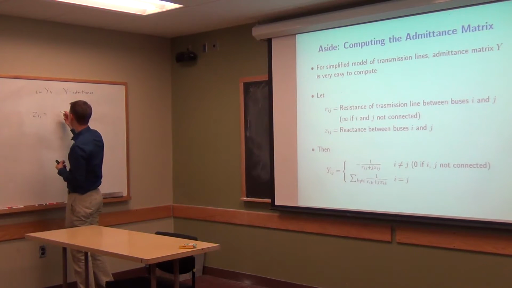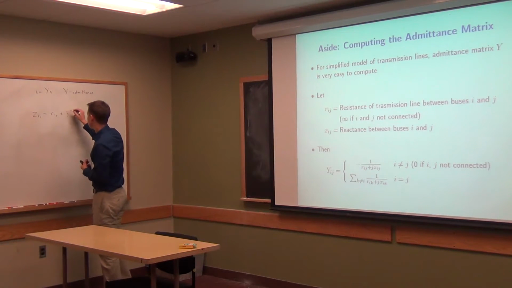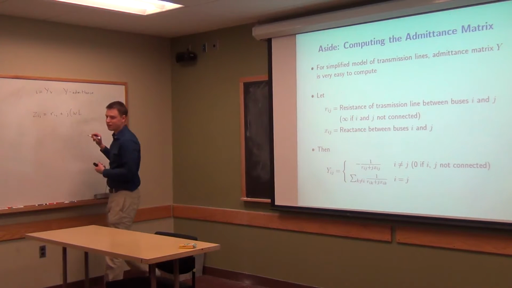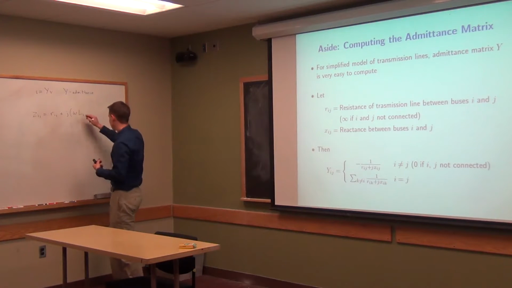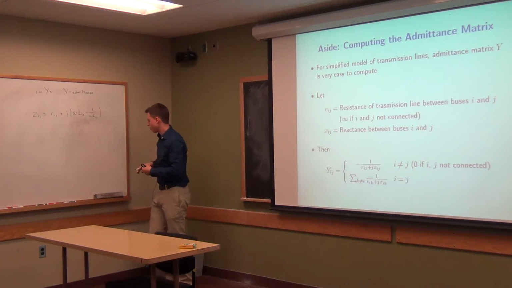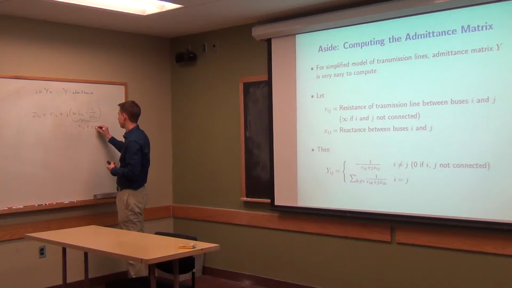Remember, it equals something like the resistance between those two plus j omega times the inductance between them minus 1 over omega times the capacitance between them. But this whole thing here is just called Xij, which is called the reactance.